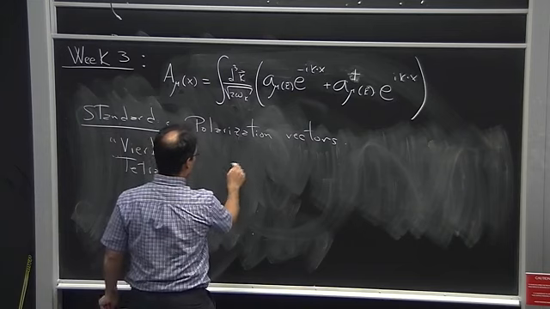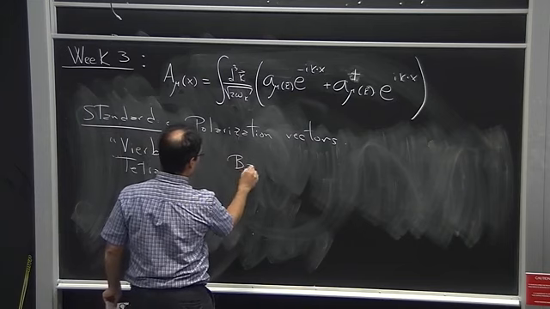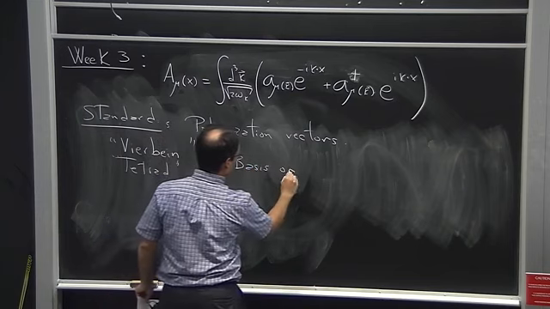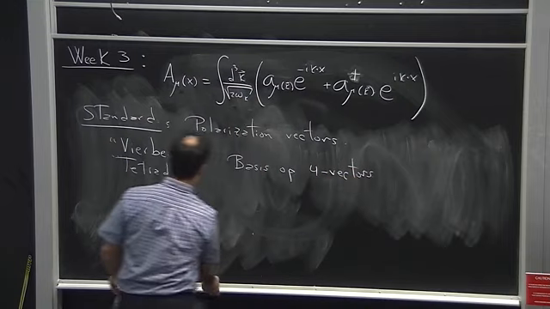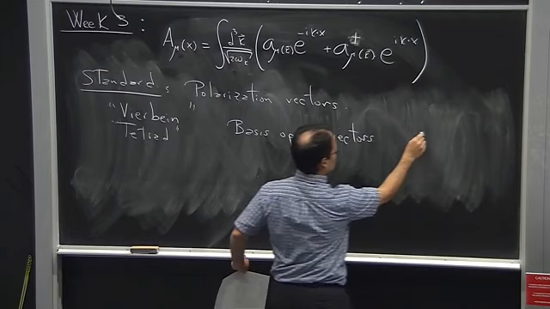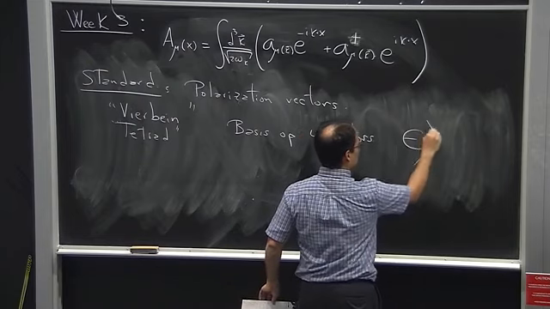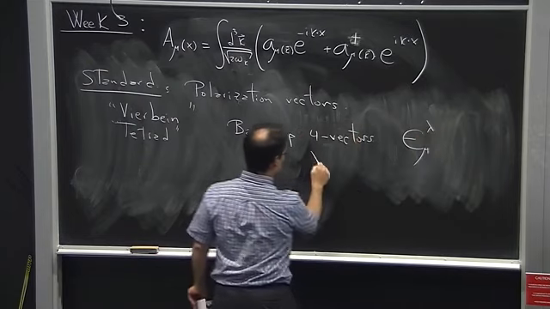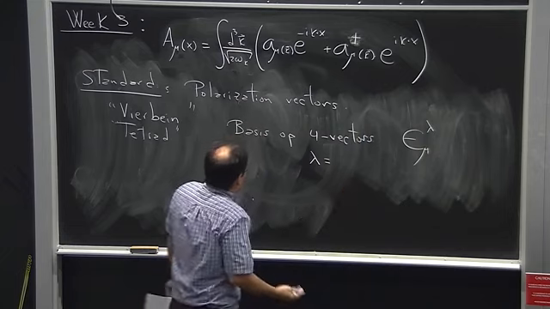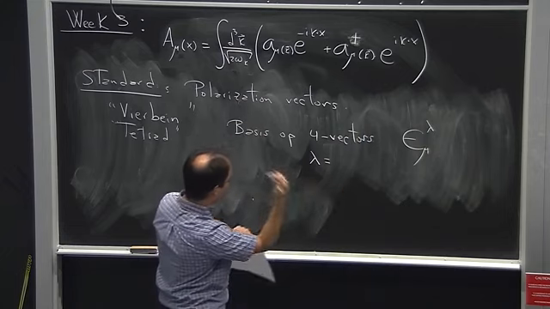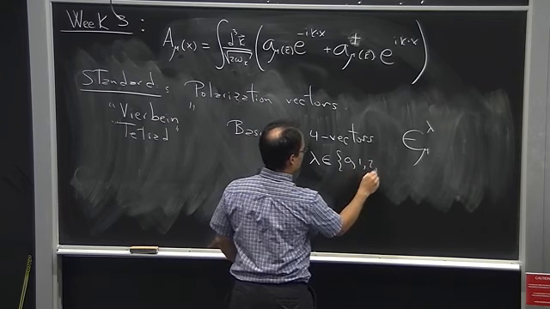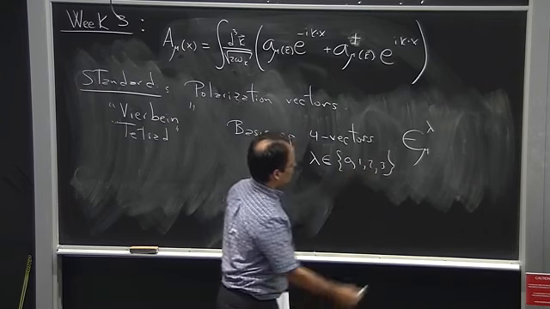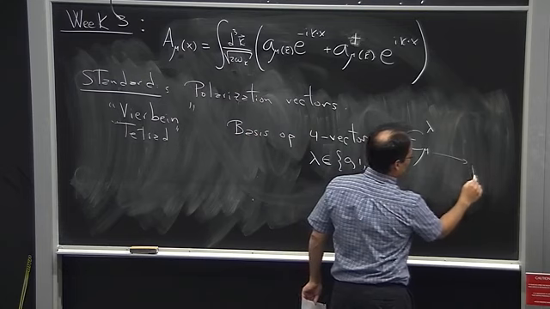We're going to introduce a basis of 4 vectors, which we're going to call epsilon mu lambda. Now, lambda can take 4 values because we have a basis. We have to generate the whole 4-dimensional vector space. And of course, mu is our regular vector index.